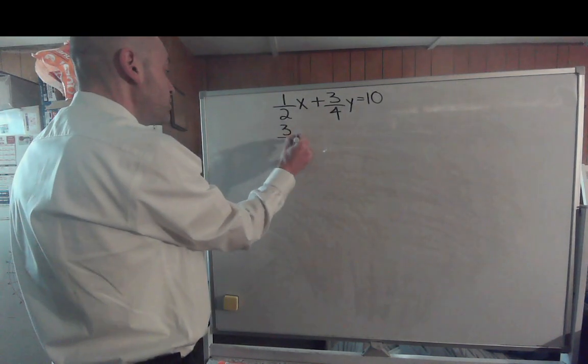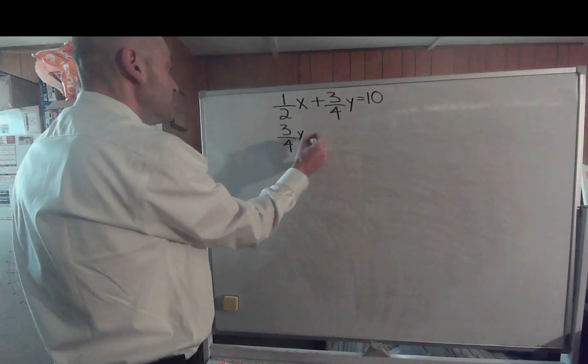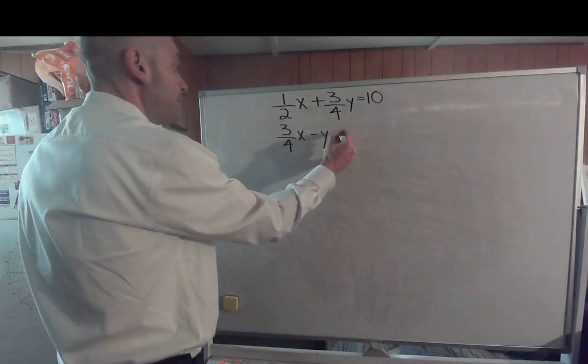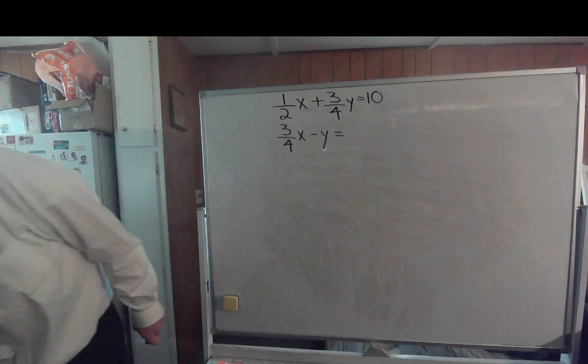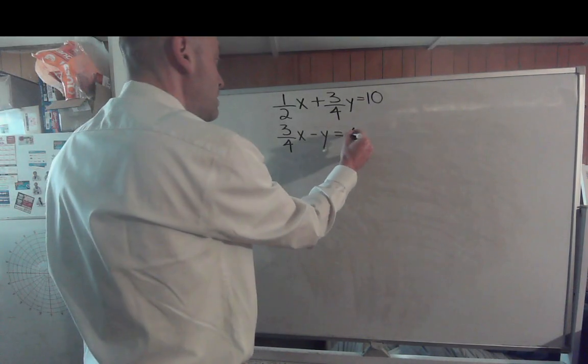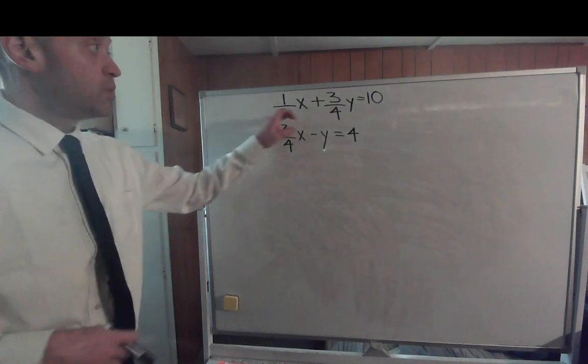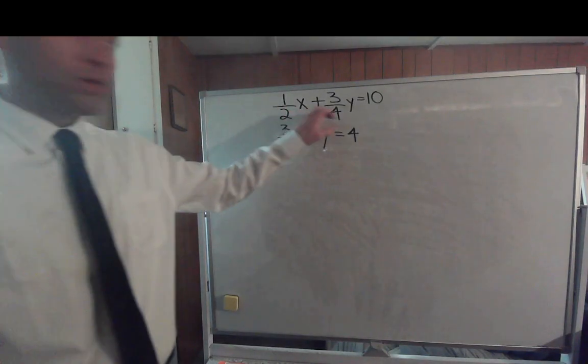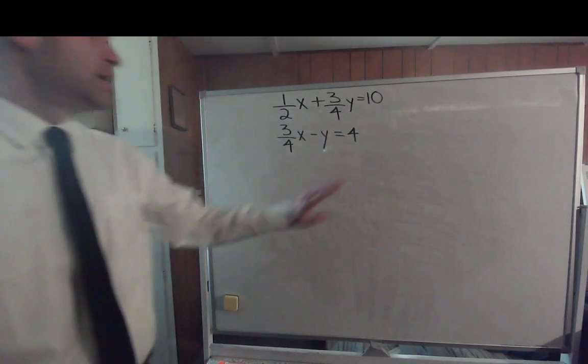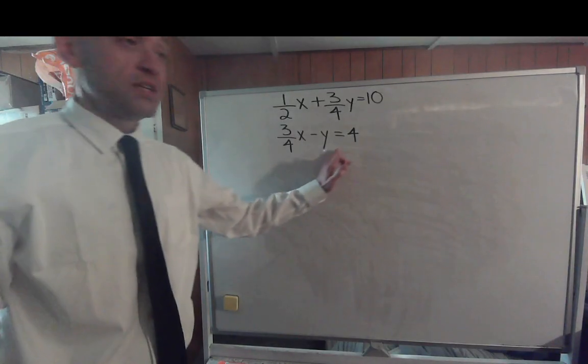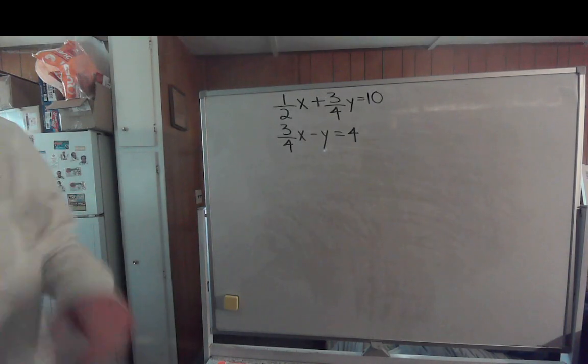Then 3/4 x minus y is equal to 4. Alright, so we got fractions in both equations. So we have 1/2 x plus 3/4 y equals 10. Then we have 3/4 x minus y equals 4.